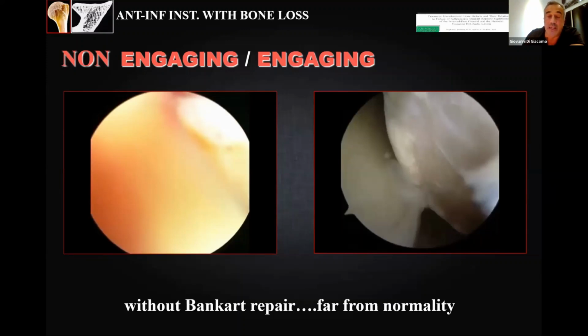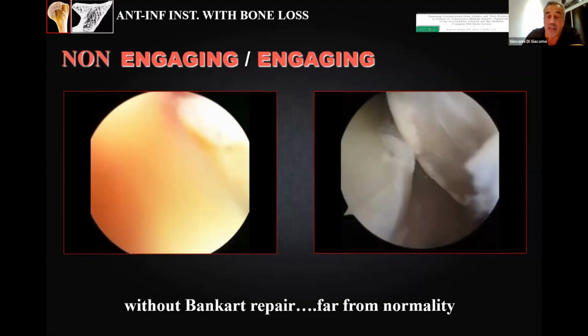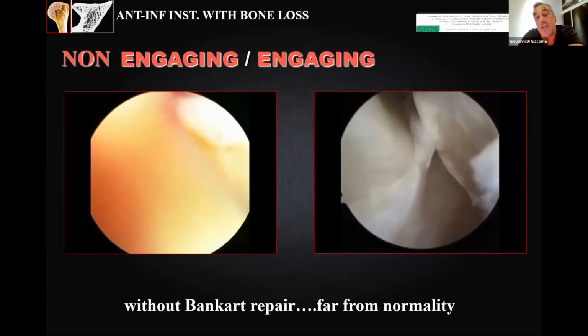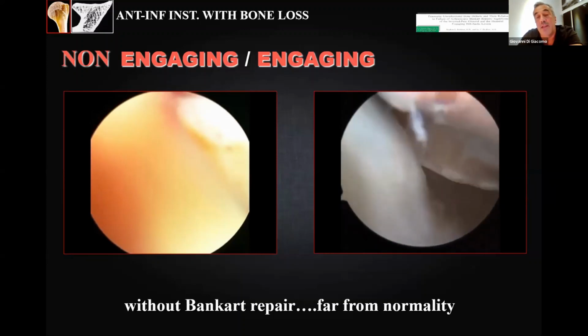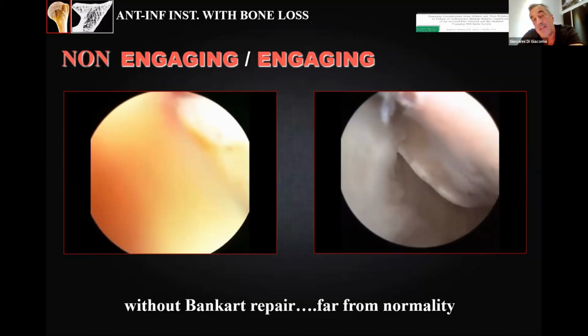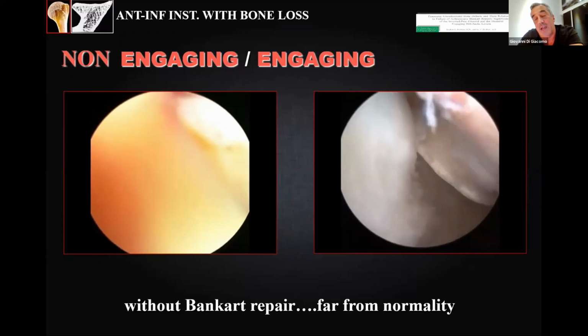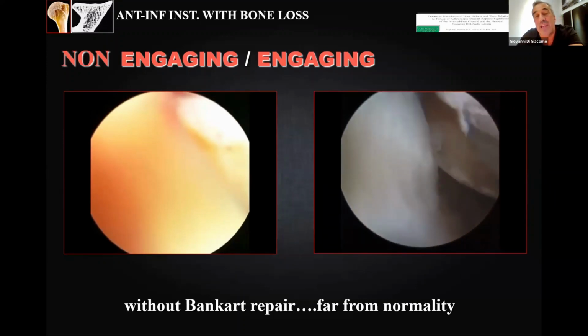According to DeBeer and Steve Burkhart, if you have a patient like on the right side, where in upper position the Hill-Sachs engages before the Bankart repair, this patient needs a Latarjet technique. But the big question is, what happens to the engaging if you fix the Bankart?